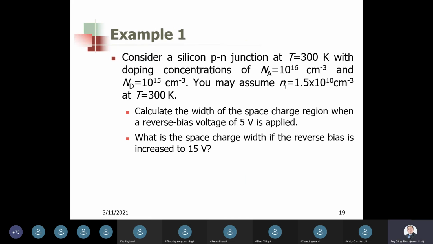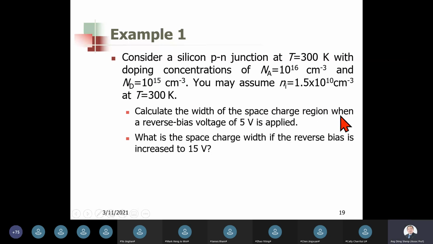So let's do some simple numerical calculation to find out what happens to some of the parameters, for example the width of the space charge region, under an external applied voltage. Let's consider a silicon PN junction at T equals 300 Kelvin with doping concentration of Na 10 to the power 16 per centimeter cubed and Nd 10 to the power 15 per centimeter cubed.